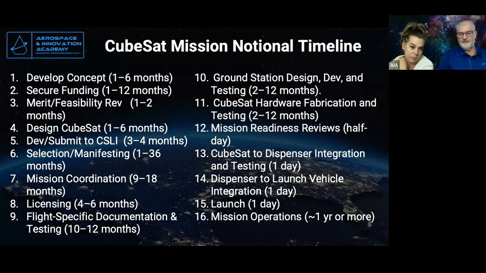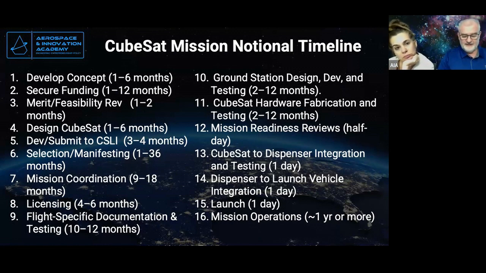Your travel, as you'll be required to travel for a mission readiness review and to collaborate or partner with other entities. But most importantly, at the end of the design and test lifecycle, you have to do environmental testing. Well, you have to actually pay for your launch too, right? Unless you are a recipient of the NASA CubeSat Launch Initiative Award, then you definitely do have to pay for integration, testing, and launch. Now, NASA has covered that for us before, and that's pretty common if you are selected through their program.